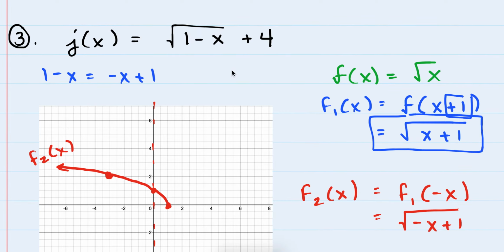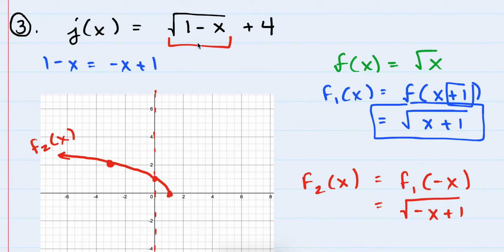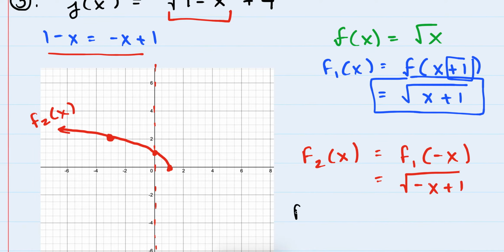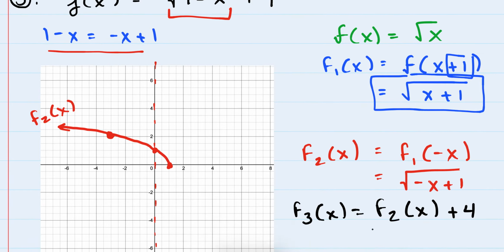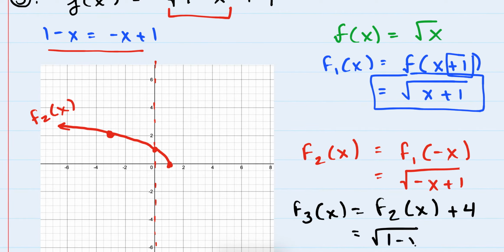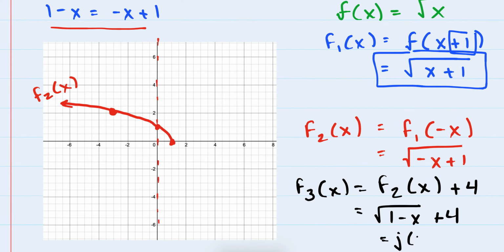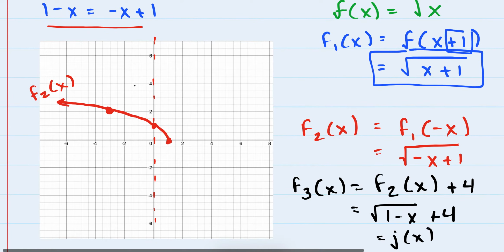Okay, now we're almost done. We have this piece now, because that's the same thing as negative x plus 1 if you just rearrange that. So all we need to do now is make a new function which takes this one and we add 4 to it. So that will give me the square root of 1 minus x, plus 4, which is this function j of x that I wanted. So move all of these up 4, because the 4 is on the outside.